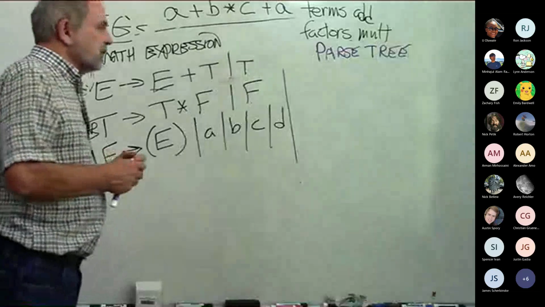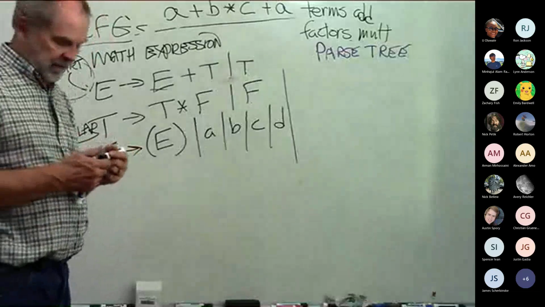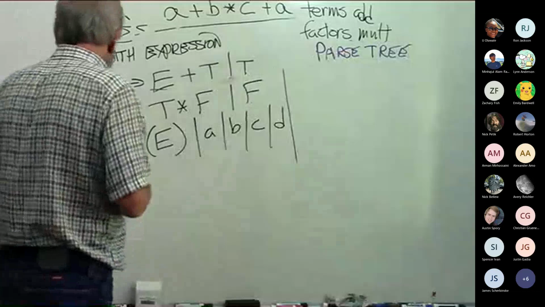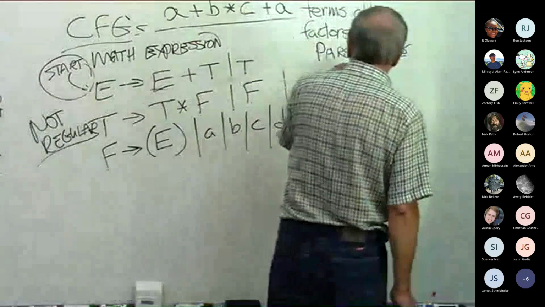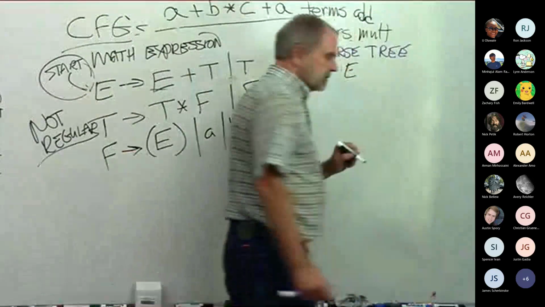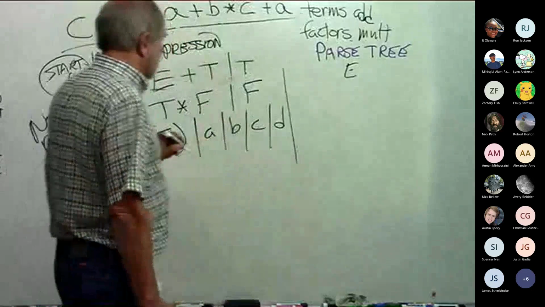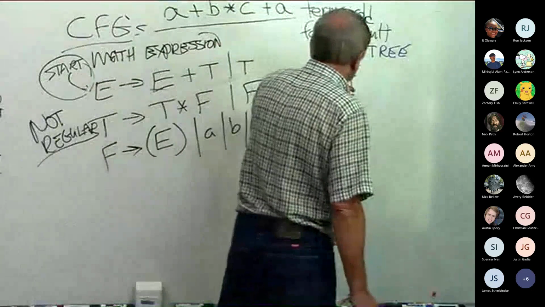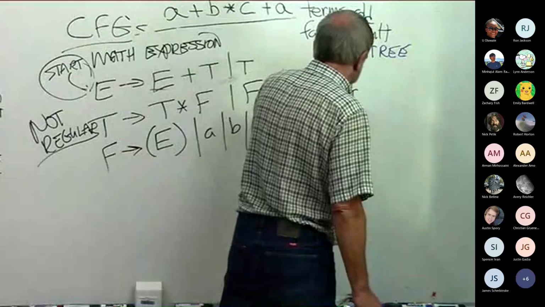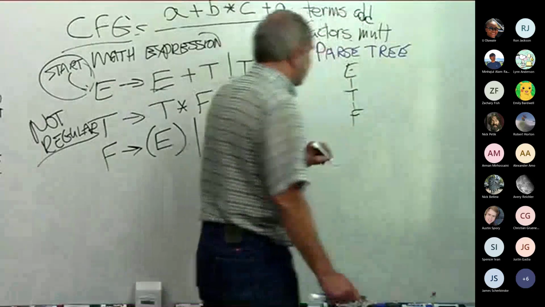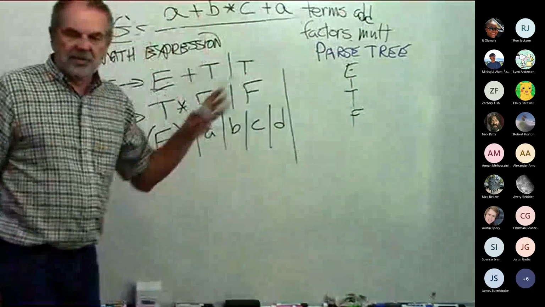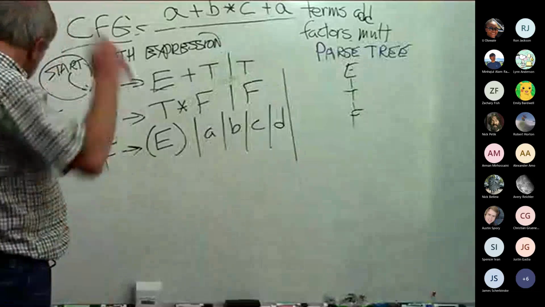So it's kind of a different representation of where the derivation came from. The root is always the start symbol. But now we immediately replaced E with T and the T with F. So it's read from top to bottom.